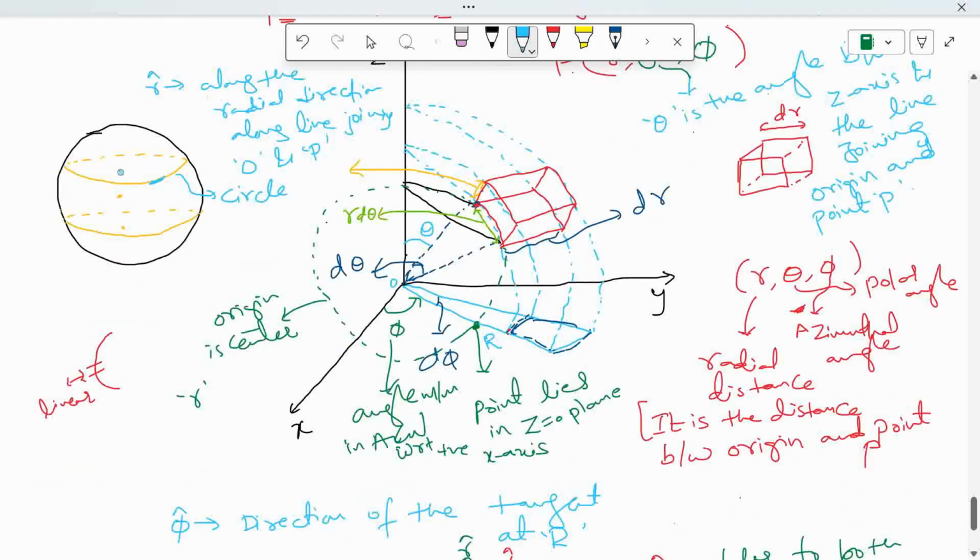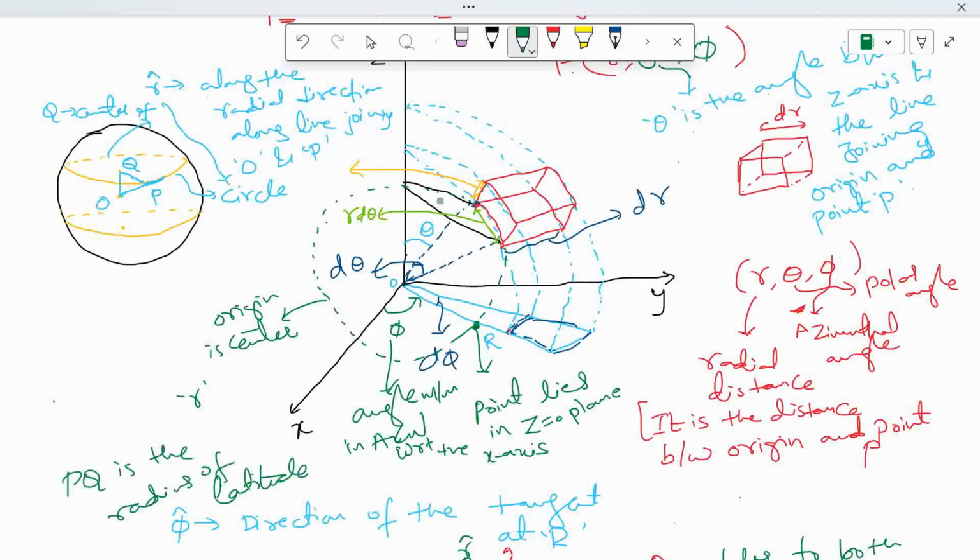To do that, we have to draw a triangle like this. We have our point P. This is the origin, by the way, and this is point P. From point P we are taking a little bit of differential length. Let's call this point Q, where Q is the center of this circle.